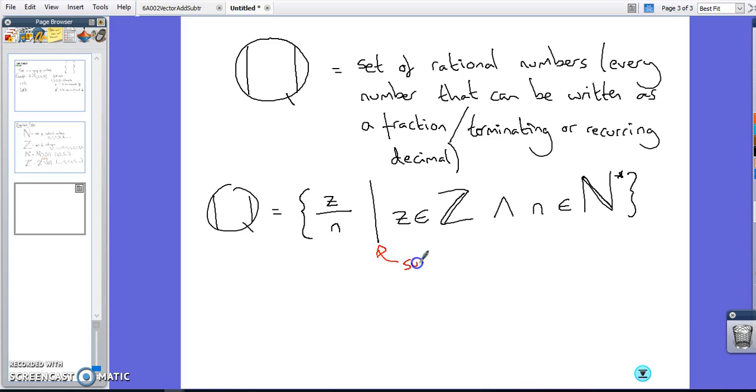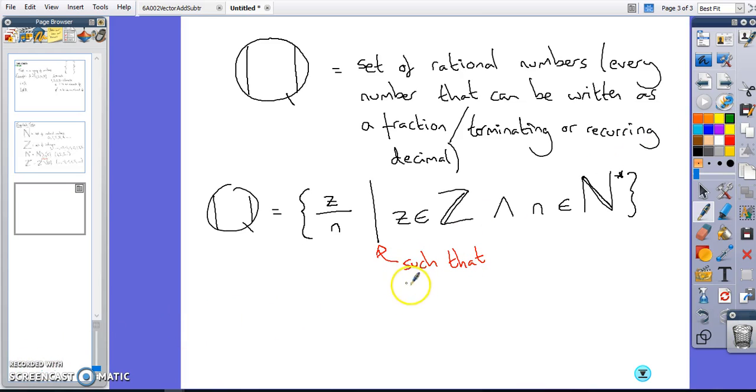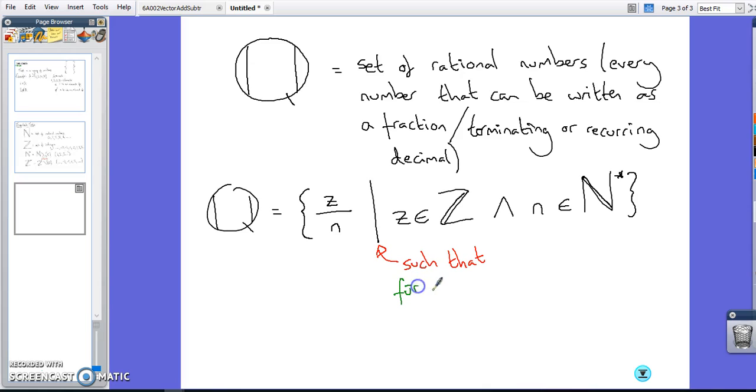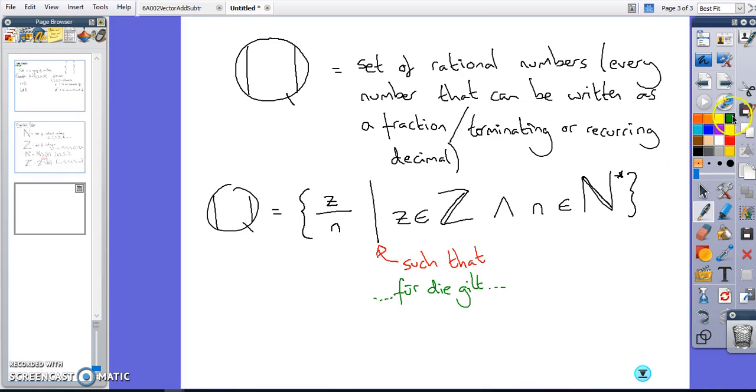This line means such that. And I'll write underneath the German as it's defined in your book.